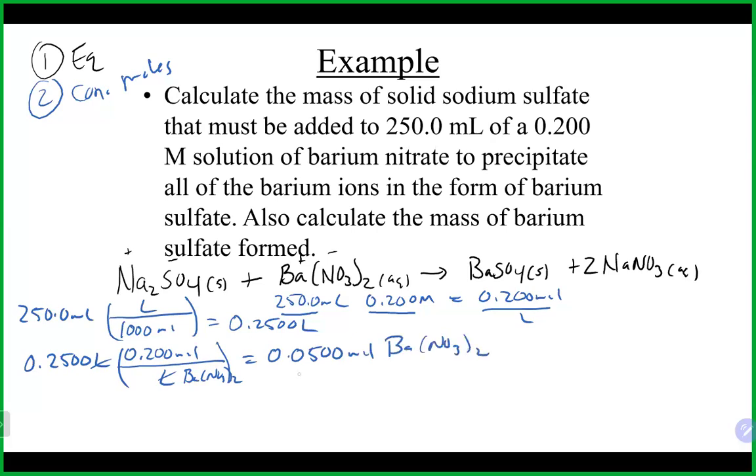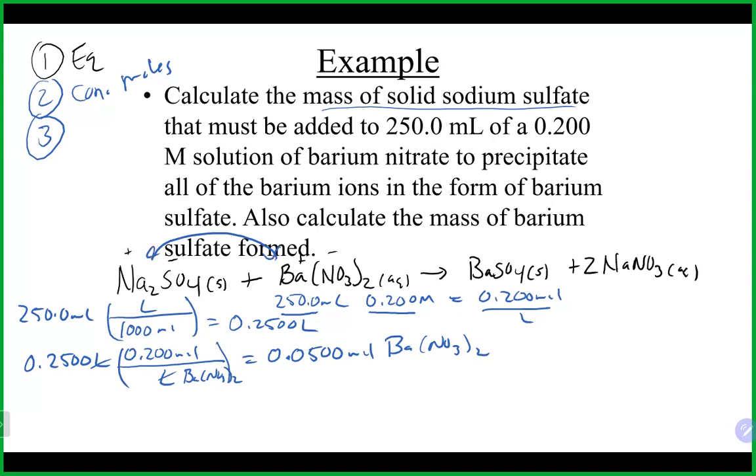So this is basically our step number 2. Instead of using the molar mass here, we're using the volume and the molarity to get us to moles. At this point, we could just continue on with what we're looking for. So what are we looking for here? We want the mass of sodium sulfate. So we actually want the relationship between these two in one calculation.